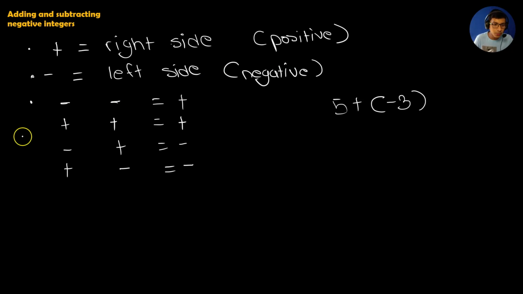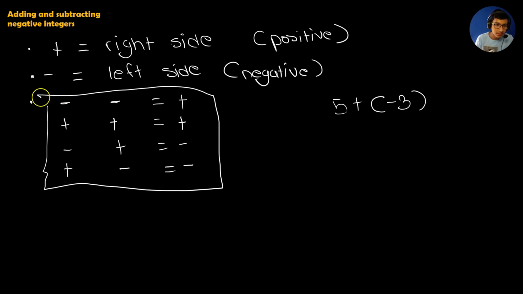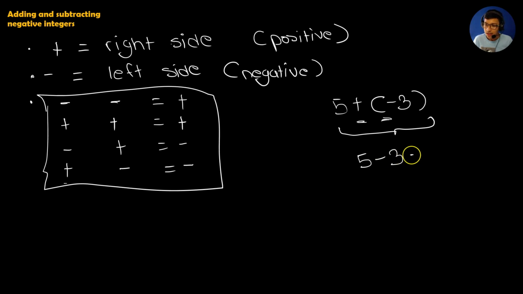This is where our little key ideas come in. Here we have a positive and a negative right next to each other, so we check our little box: a positive and a negative equals a negative. So it actually means 5 minus 3 equals 2. And so our answer is 2.